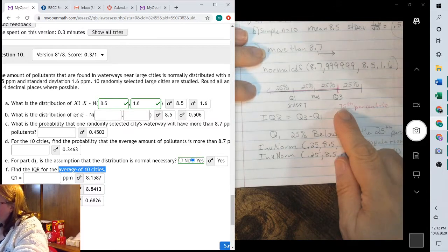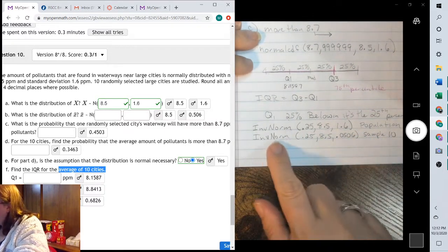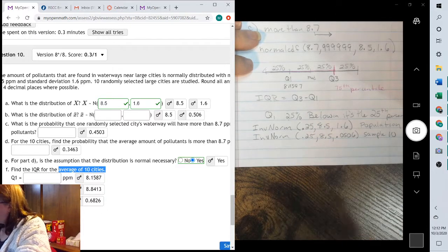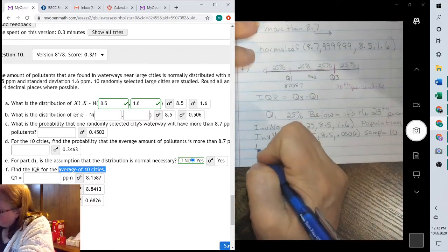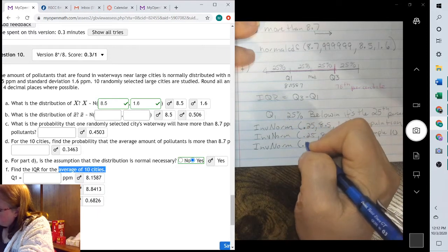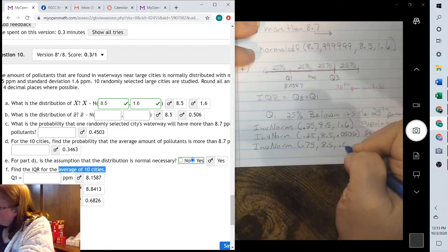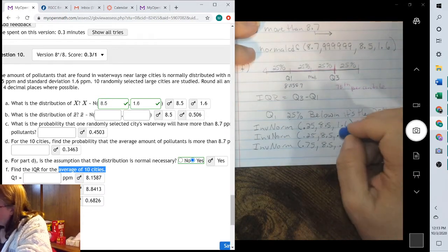Now for the 75th percentile, and again it said the sample of 10, this would all be the same except you change your percentile. 0.506.